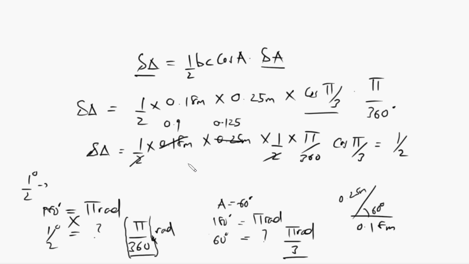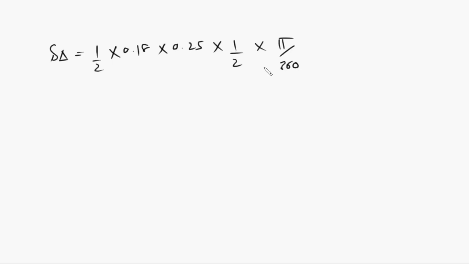So if I multiply 0.9 times, actually, okay, let me just write it. Paka ngoja niweke vizuri tu. So change in area ni sasa na 1/2 times 0.18 times 0.25 times cos ya 60 ni 1/2 times pi ya 360.